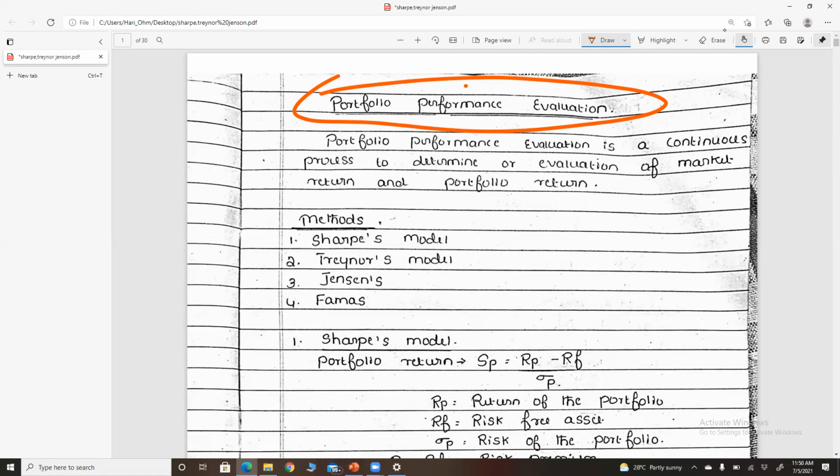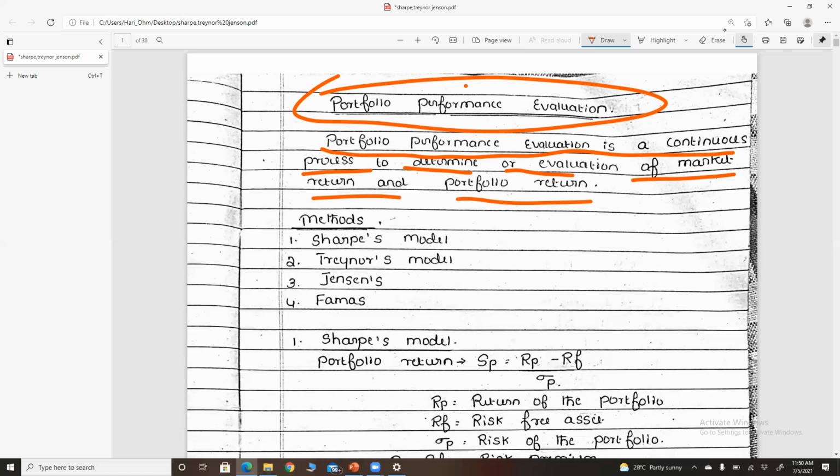See, what is portfolio performance evaluation? It is a continuous process to determine or evaluate market return and portfolio return. Clear? You are going to evaluate the portfolio. It depends upon the risk and return factors. That is nothing but portfolio performance evaluation.